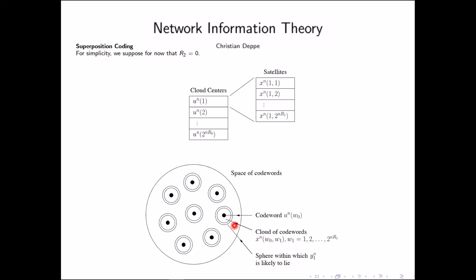We choose these elements depending on what the dedicated message is. So if we know that we can receive some codeword in this sphere, then we know the center is the common message and the satellites are the dedicated message. That's the idea of superposition coding.